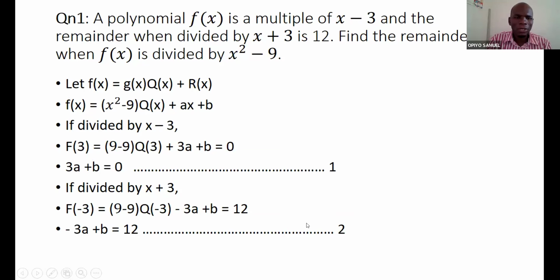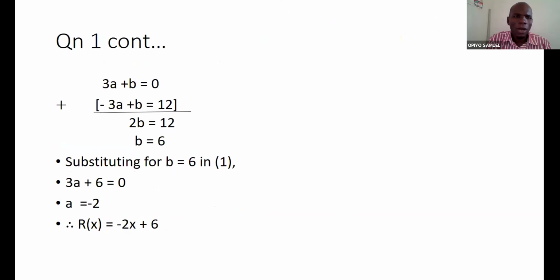With two unknowns, we can solve them by either elimination, substitution, graphical method, matrix method, or any other suitable method. But remember, you should choose the one which is easier for you and takes less time. So I have decided to eliminate a. When we eliminate a, we get b equal to 6.